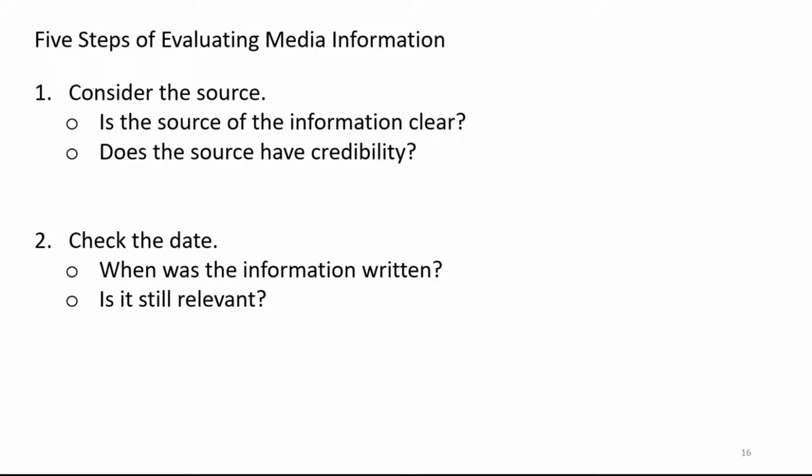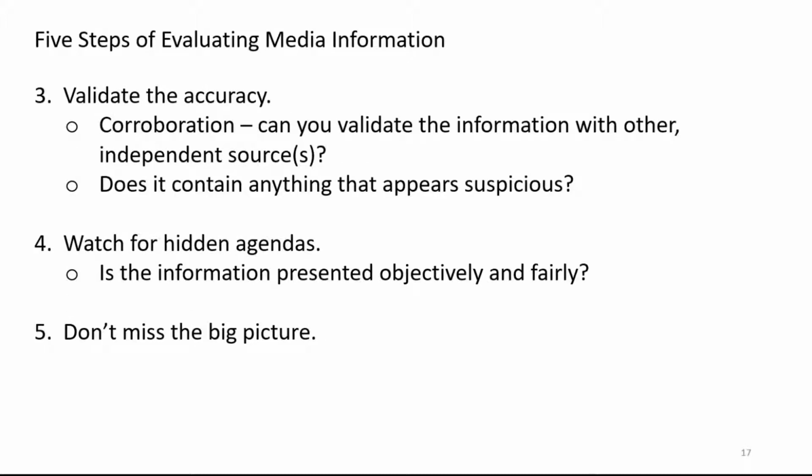Provided for you are 5 steps of evaluating media information. 1. Consider the source. Is the source of the information clear? And does the source have credibility? 2. Check the date. When was the information written? For example, is it still relevant today? 3.